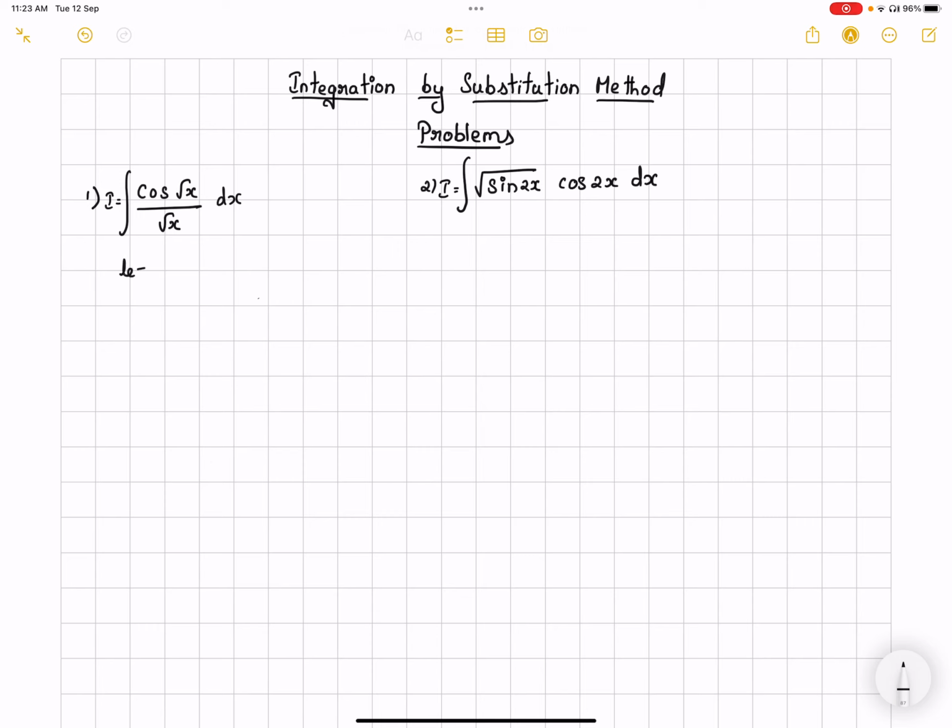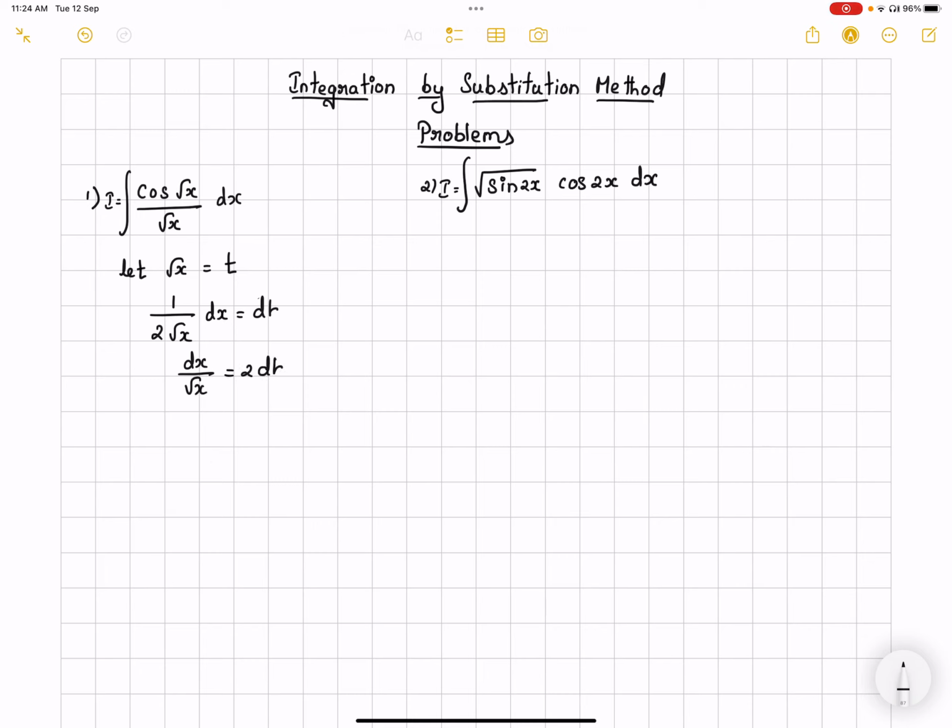So let root x be equal to t. When I differentiate, I get 1 by 2 root x dx is equal to dt. It means I'm differentiating both sides with respect to x. We have dx by root x, but we don't have the 2. That means dx by root x is equal to 2 dt.